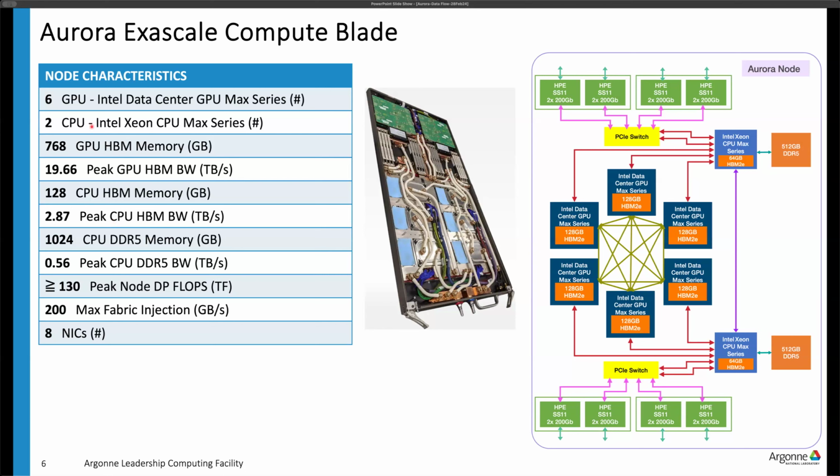On the left-hand side, again, it's a one-table overview of all of the different bandwidths and memories that we have in the compute blade itself, right? And then some amount of data on the fabric itself for the injection bandwidth that we get. So this diagram, don't worry about it. I'll talk about it in a bit more detail in the coming slides, but just to give an overview of all of it together as a reference deck in the future. That's why this slide is put together like this.